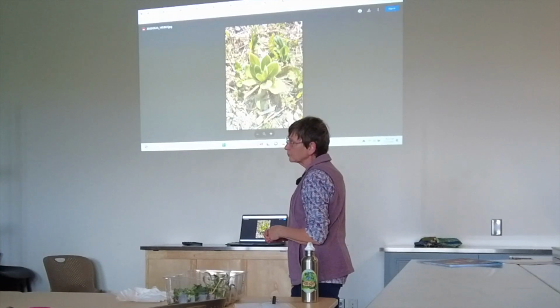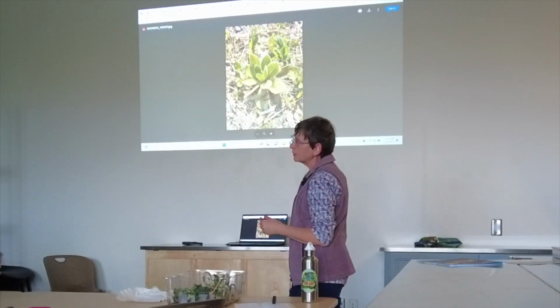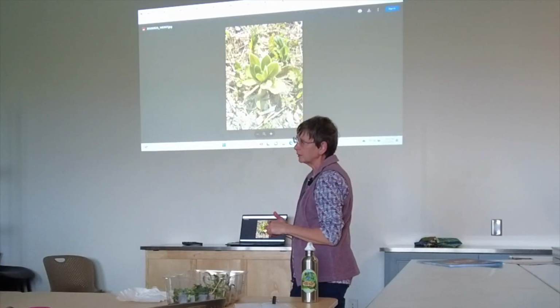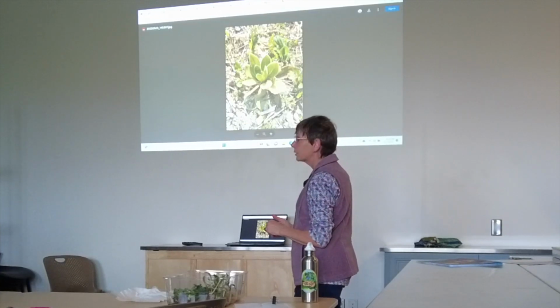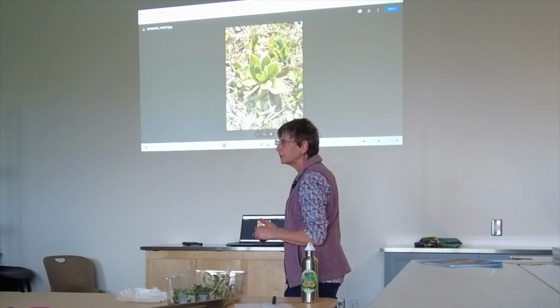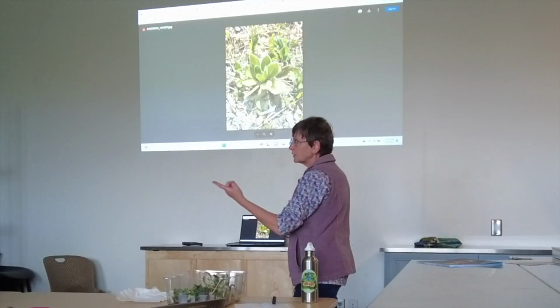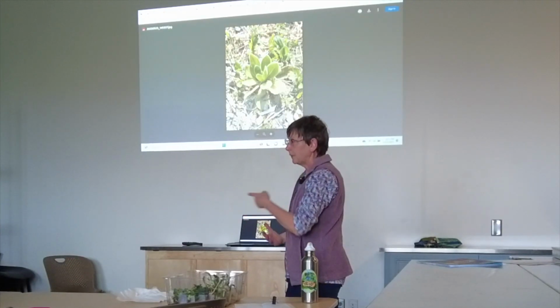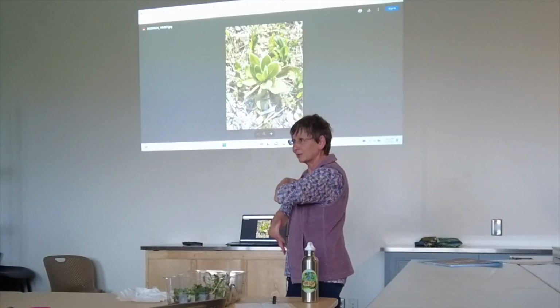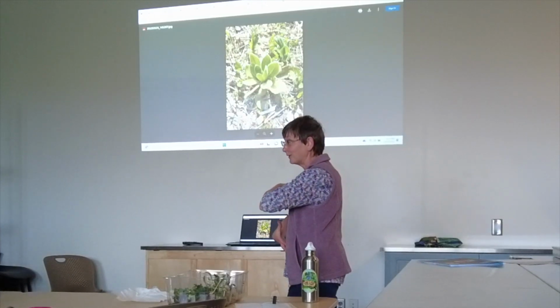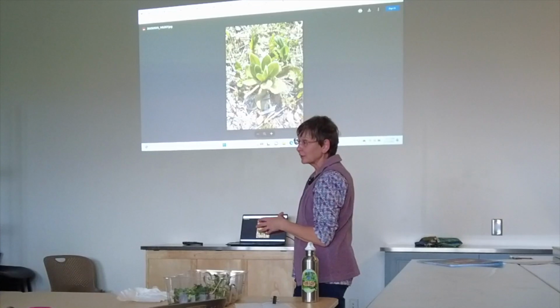One of the things that mullein is used for widely, and people know more about it now since COVID, is it's a very specific lung remedy. When those leaves get bigger, they actually match the size and shape of your lung. That's one of the signatures of that plant.